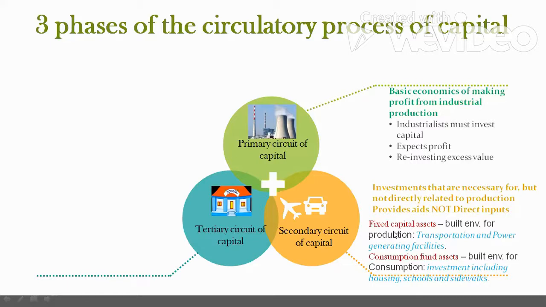Now what is this? The fixed capital assets form the physical framework for production, or the built environment of production. Now what is the built environment of production? This means transportation facilities.